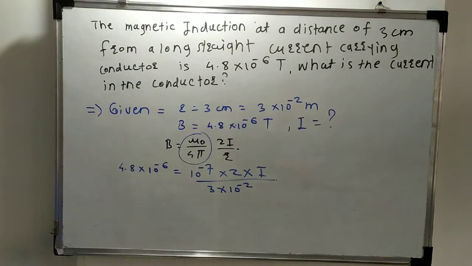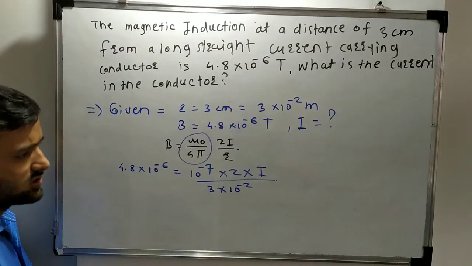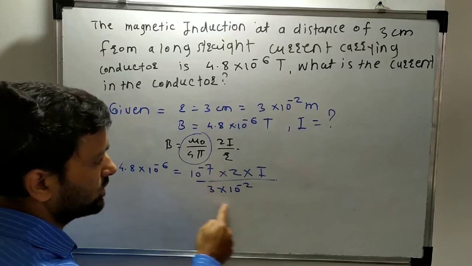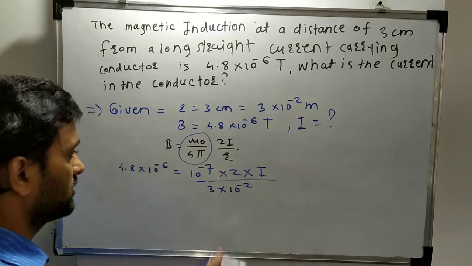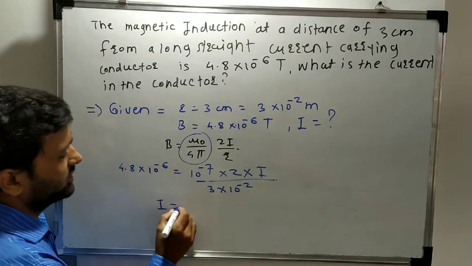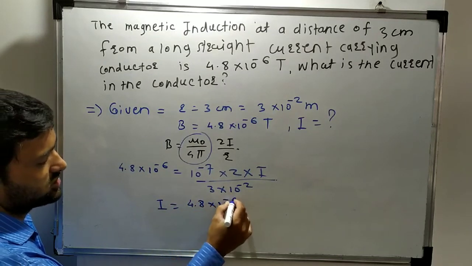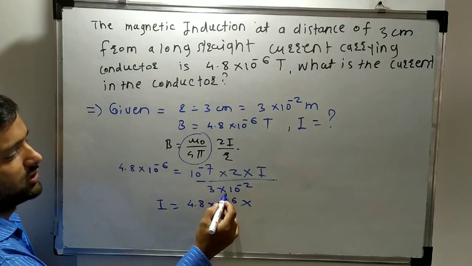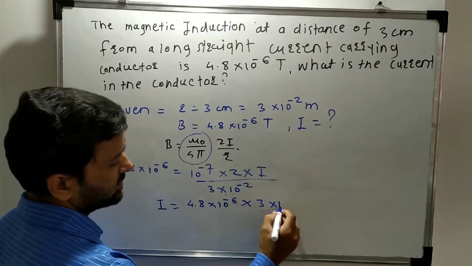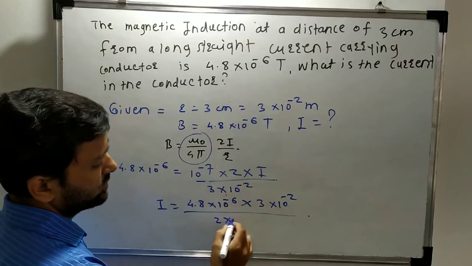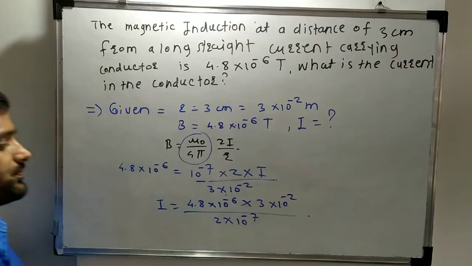Now make the changes. Keep only the I on the right side, and send all these values to the left. What will happen? I will be here, and already there is 4.8 into 10 raised to minus 6. Now multiply this value by 3 into 10 raised to minus 2, divided by 2 into 10 raised to minus 7.